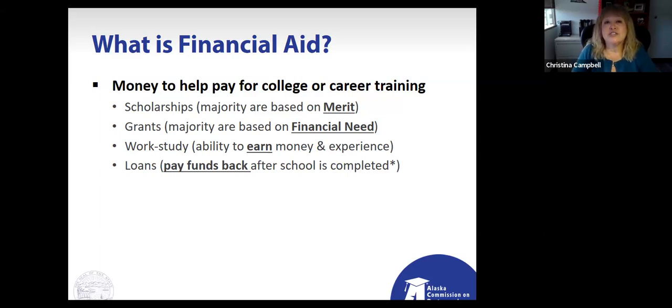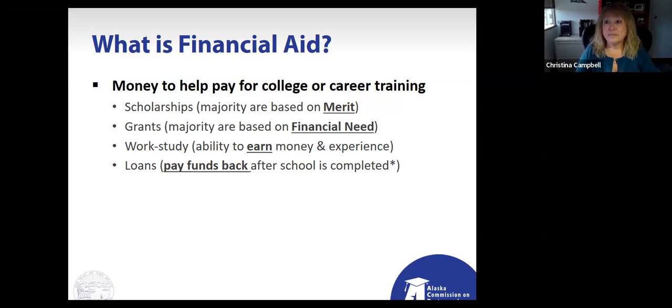Work study is a job that the student will work, and half of their salary is usually subsidized by either the state or the federal government, and the other half is paid for by the college.